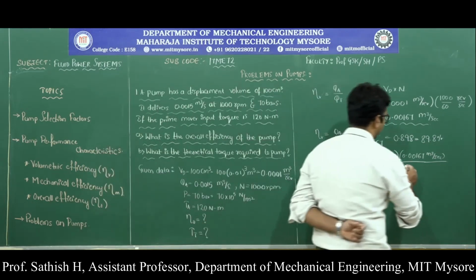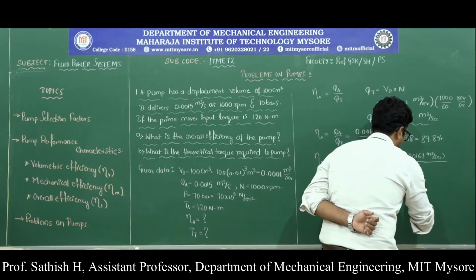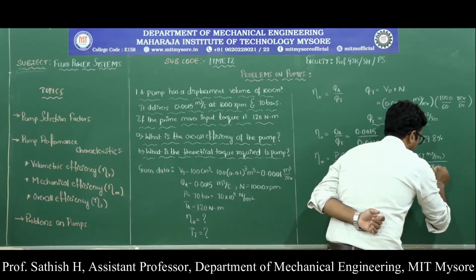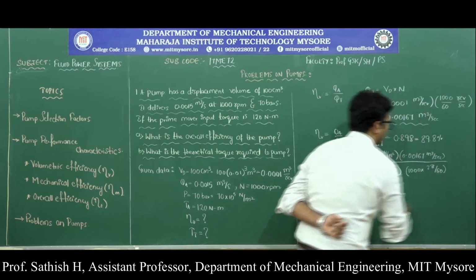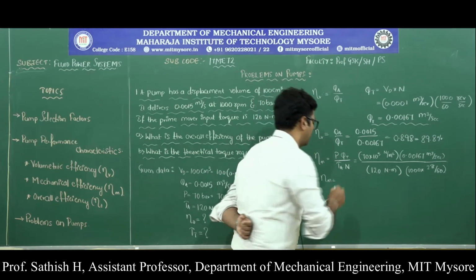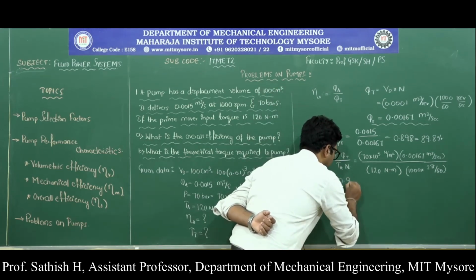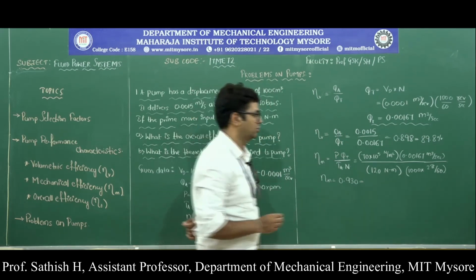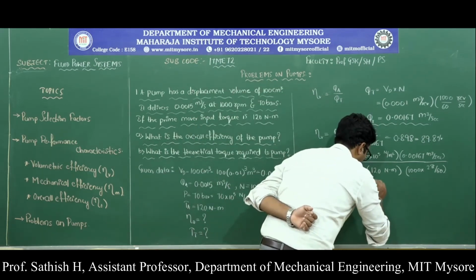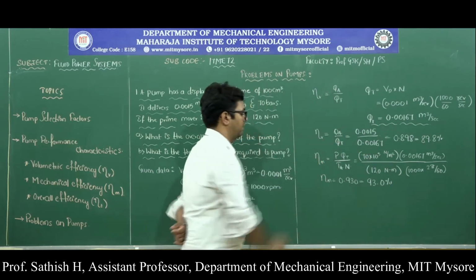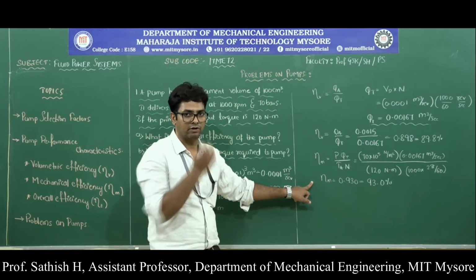So this will be 1000 multiplied by 2 pi by 60. So you will get this mechanical efficiency as 0.930. If you write it in terms of percentage, you will get 93.0 percent. So this is the mechanical efficiency of the given pump.